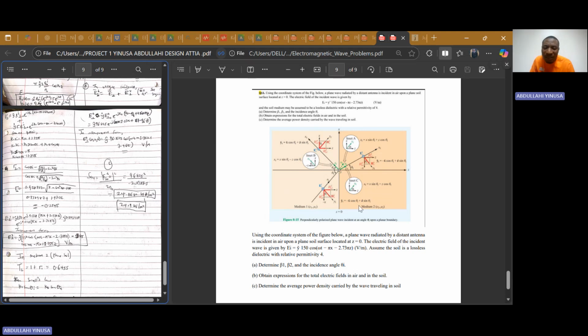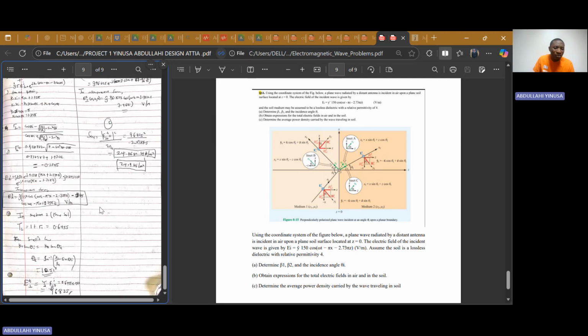Now in the second medium, that is in soil, we're just going to use only one electric field, which is the transmitted electric field. And we cannot get the transmitted electric field without considering the transmission coefficient. Our transmission coefficient is given by 1 plus our reflection coefficient. From there, we can use Snell's law to get theta t, because theta t is very important when calculating the transmission coefficient.